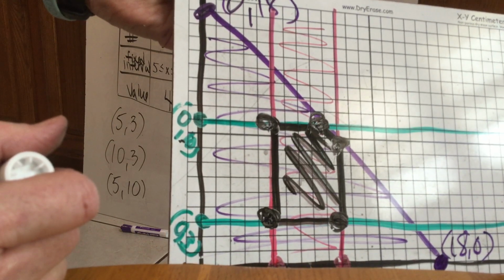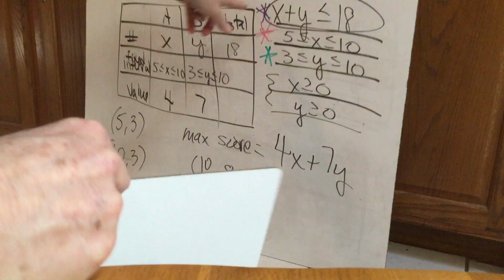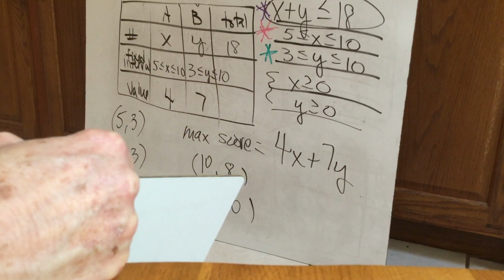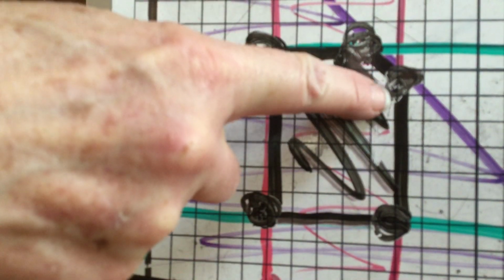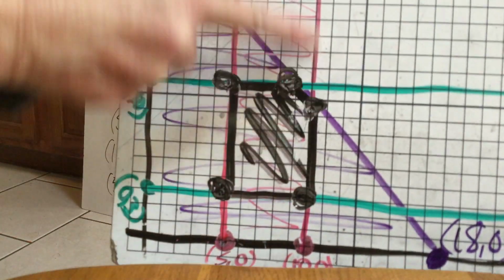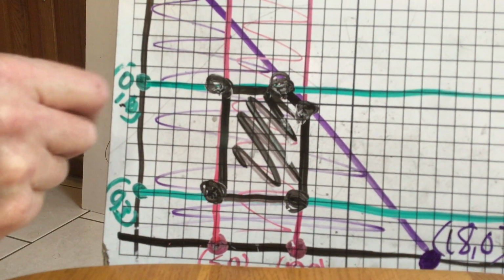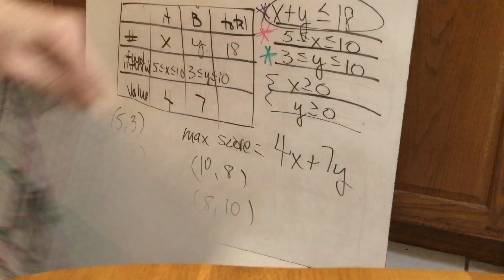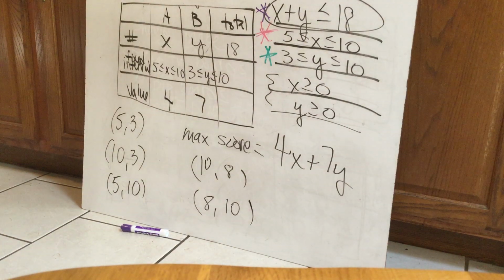If you're on the purple line, then your x plus y has to add up to 18. So as soon as we knew, for example, that the x was 10, because it's on that line, then we just plugged that in, and that gave us a y value of 8.